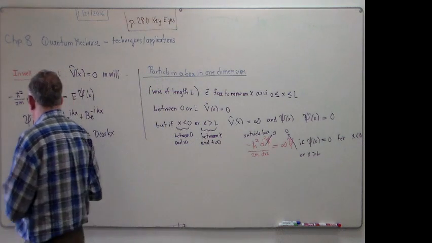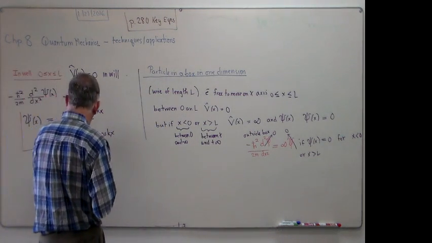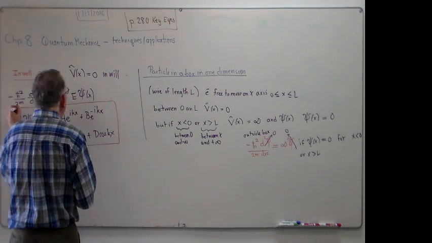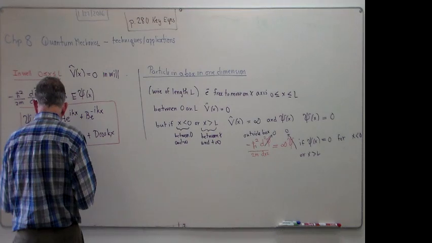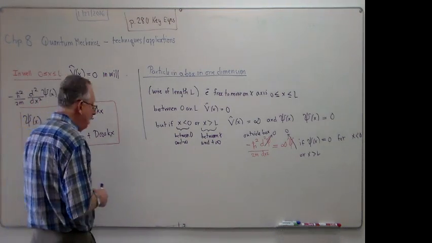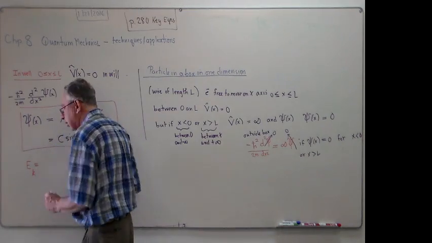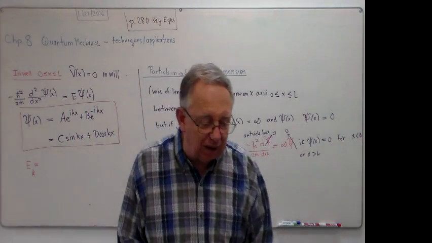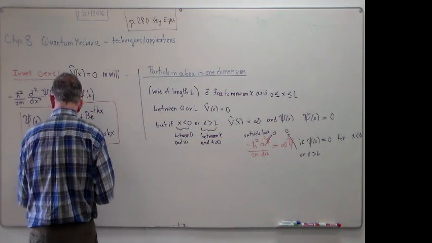All right. Now, we know what our energy is. Let me write it again. It's E of k, the quantum energies, which we can readily solve for and prove: k squared h bar squared over 2m.